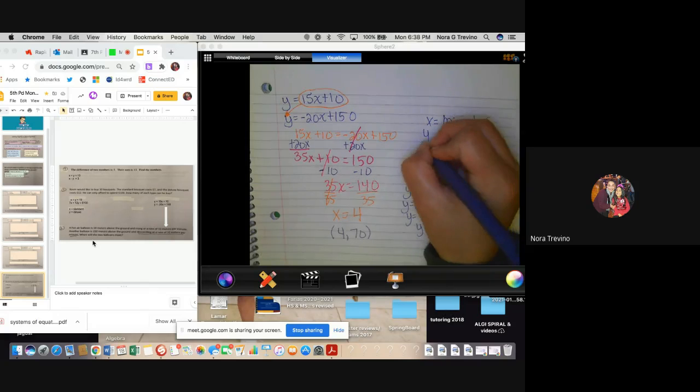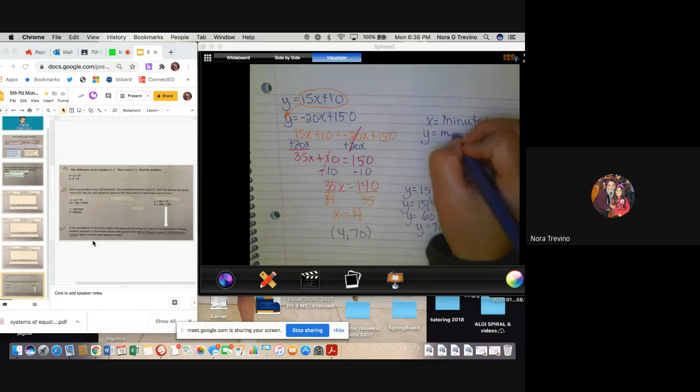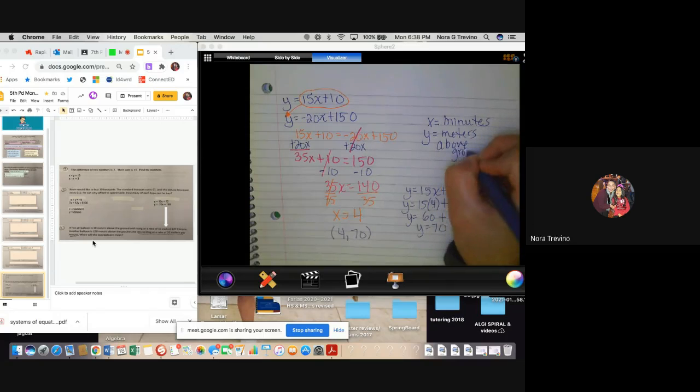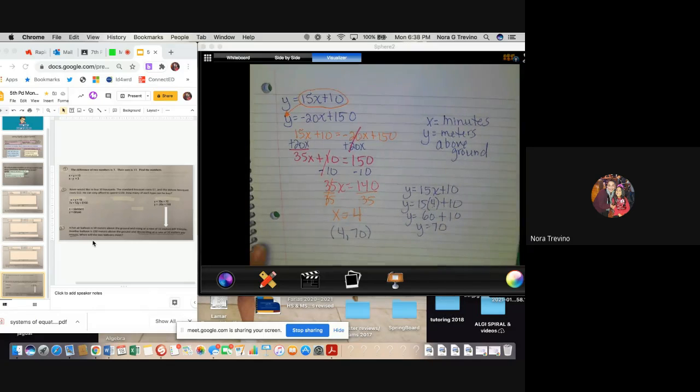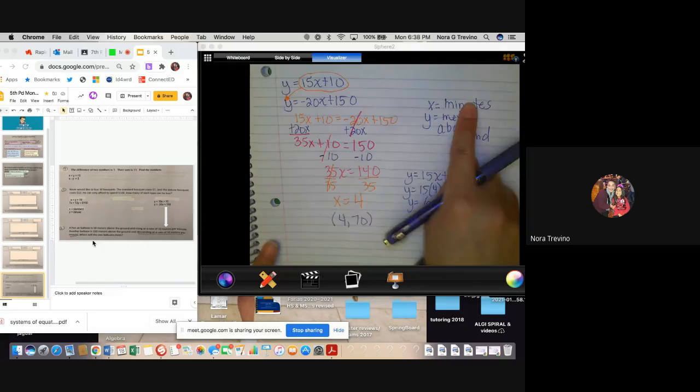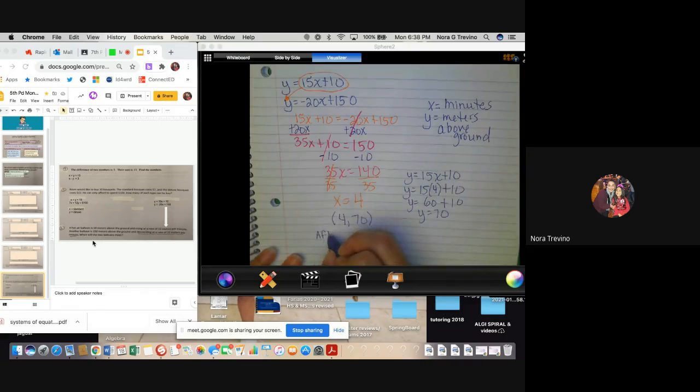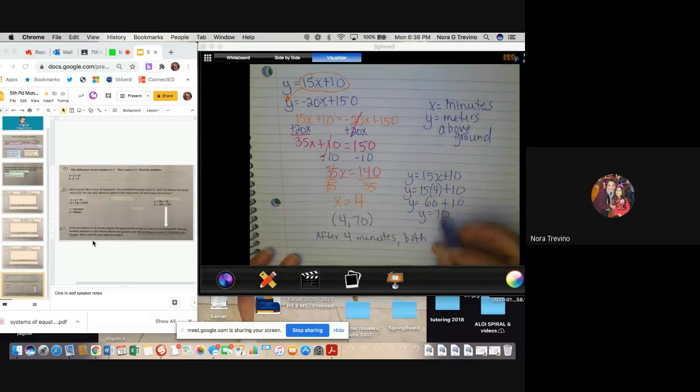And that the y was going to represent the meters above ground. So what does this mean if x is 4 minutes? That after 4 minutes, both balloons will be 70 meters above ground.